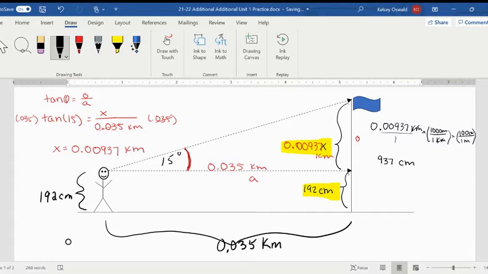Now that we are in centimeters, we can add the height from the eye to the flag plus the height of the person to get the total length of the flag. And when we do that, we should find that the flag is about 1,129 centimeters tall.